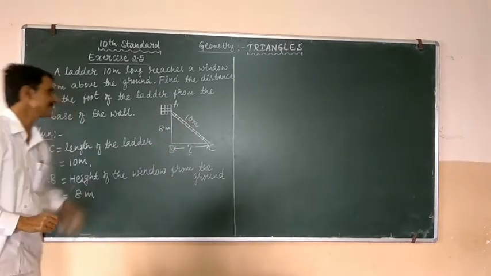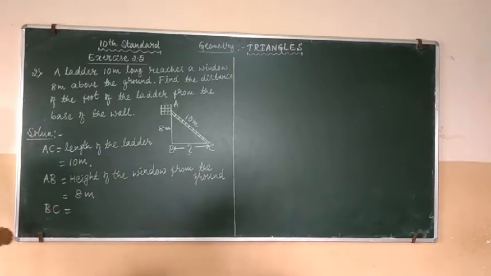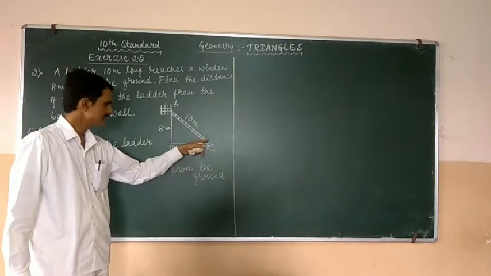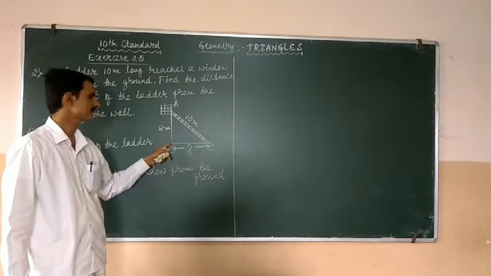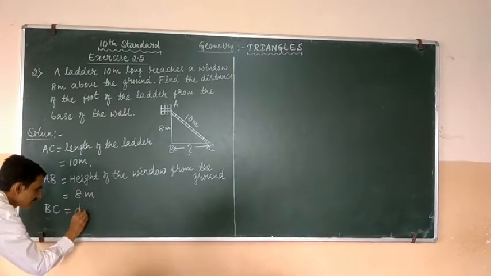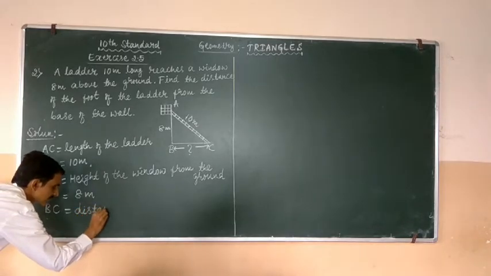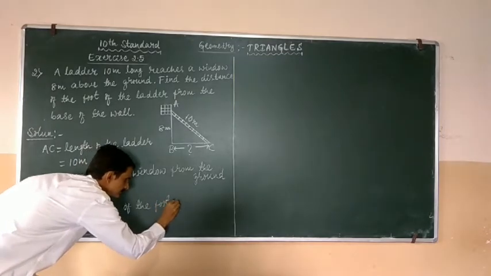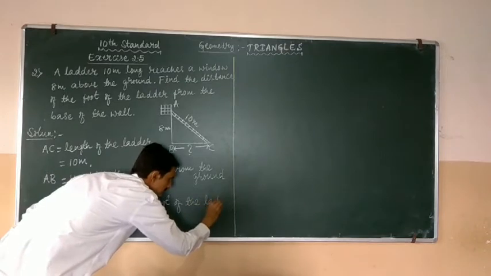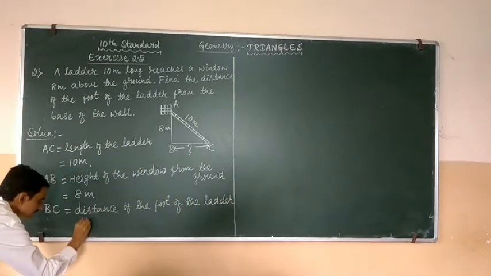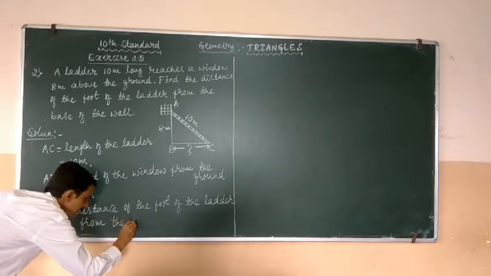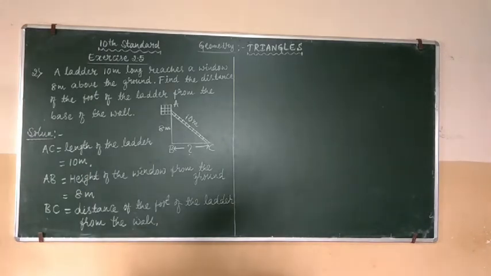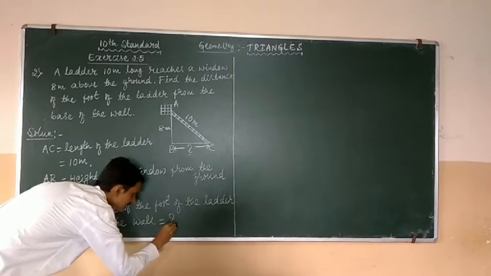And students, BC is the distance of the foot of the ladder from the wall. This we have to calculate here.